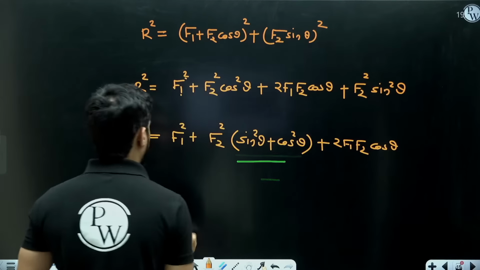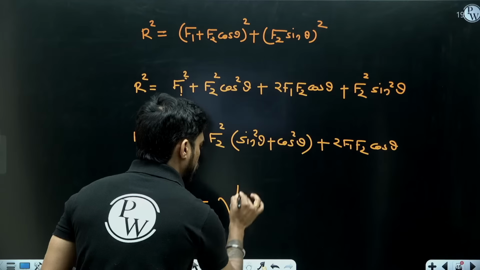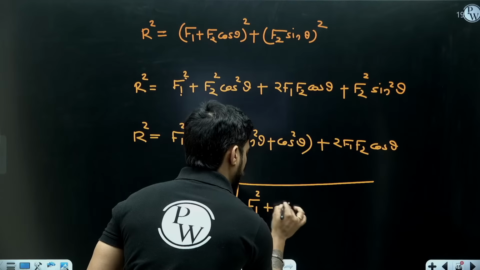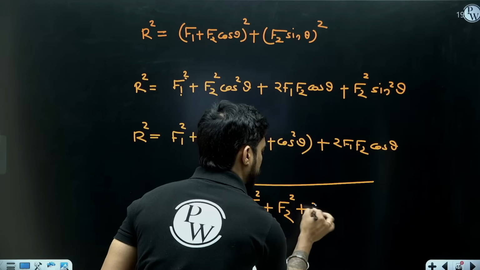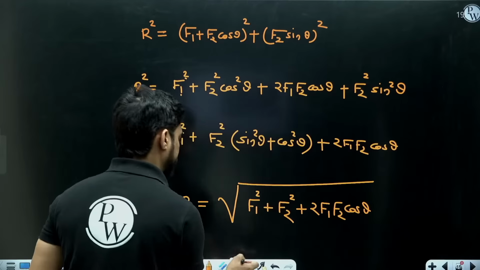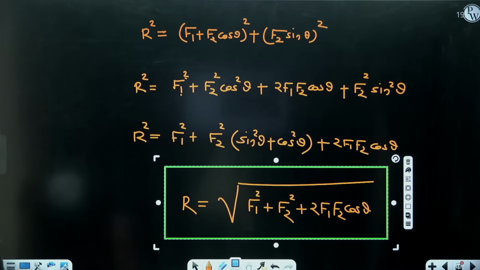So from here, can I say R is equal to root over F1 square plus F2 square plus 2 F1 F2 cos theta? Can I say this?